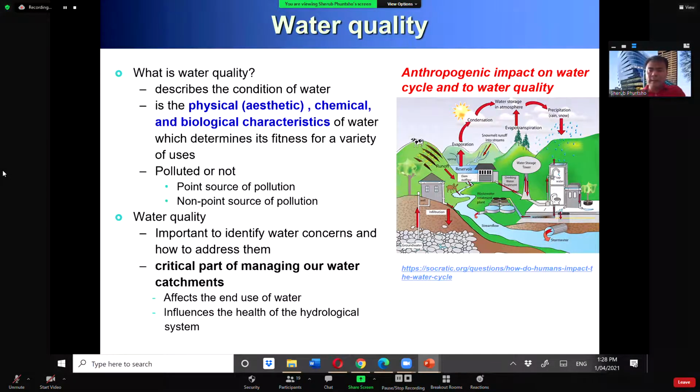But as more people are living in urban areas, the features of the landscape are changing because of human settlement. We call it anthropogenic activity, because of human activity. It has a lot of impact on the water quality and the water cycle itself.